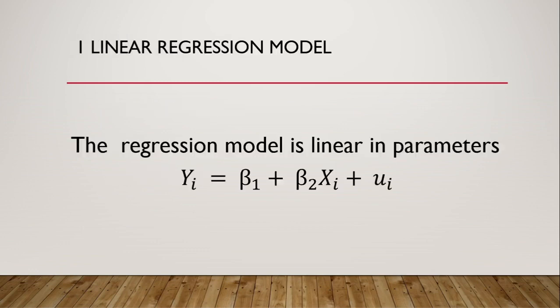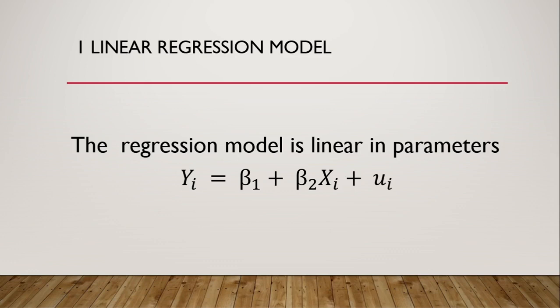So, this is the first assumption. The model is a linear regression model. The regression model that we are considering is linear in parameters. We are concerned with linearity in parameters.